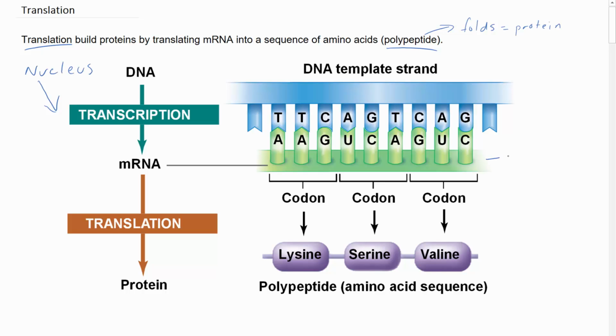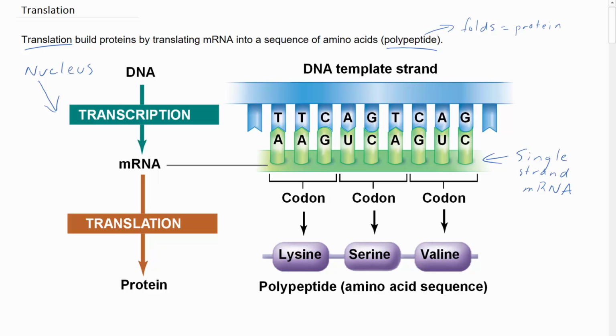The product of that is a single strand of mRNA, or messenger RNA. The next step, which occurs through translation, is taking that mRNA molecule and translating that into a protein.